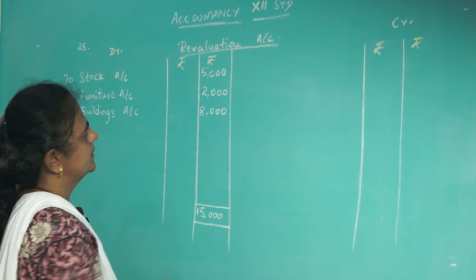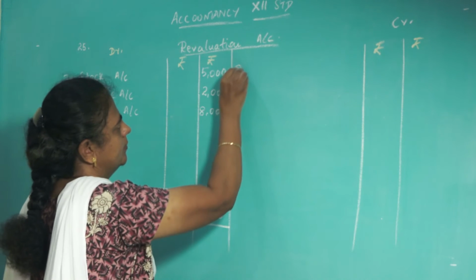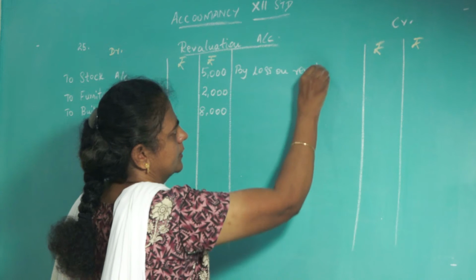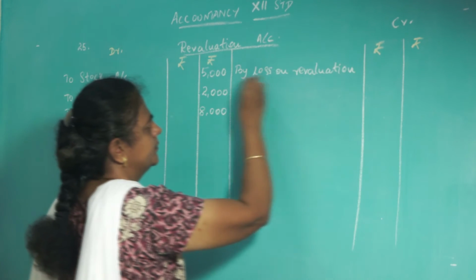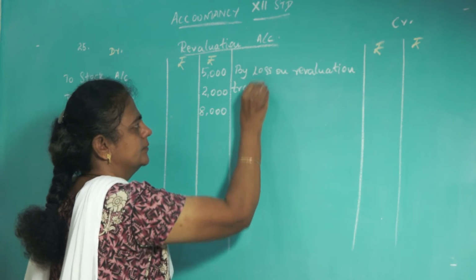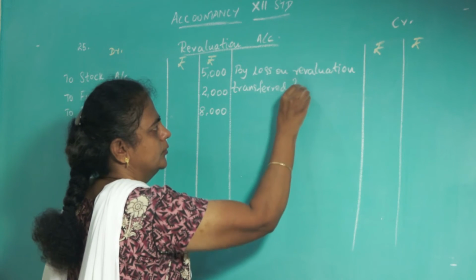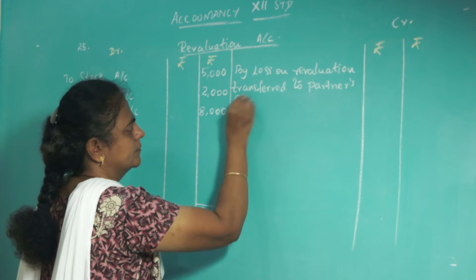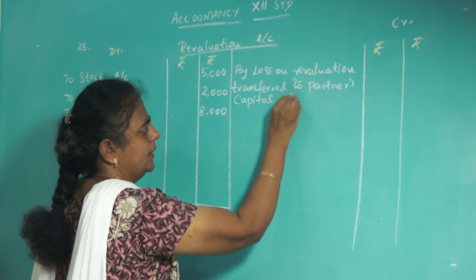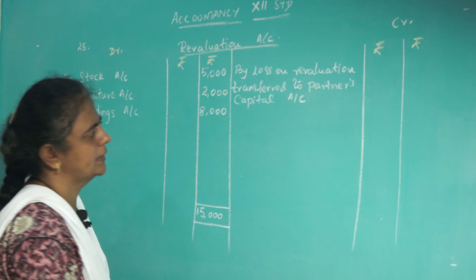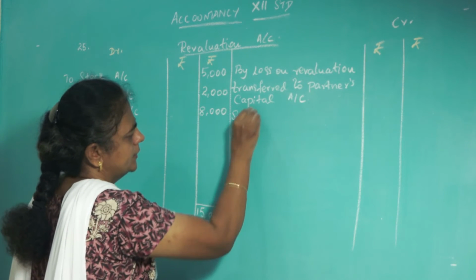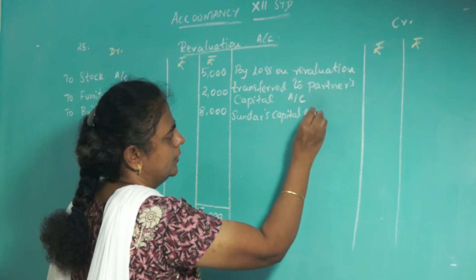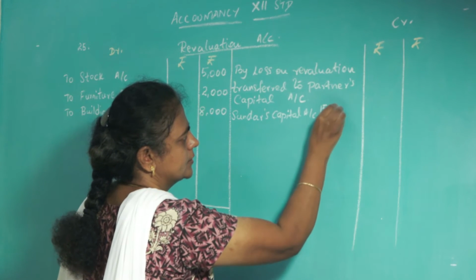So debit side is greater, right here, by loss on revaluation transferred to partners' capital account. So who are the old partners? Sundar's capital account. 15,000 is the loss.